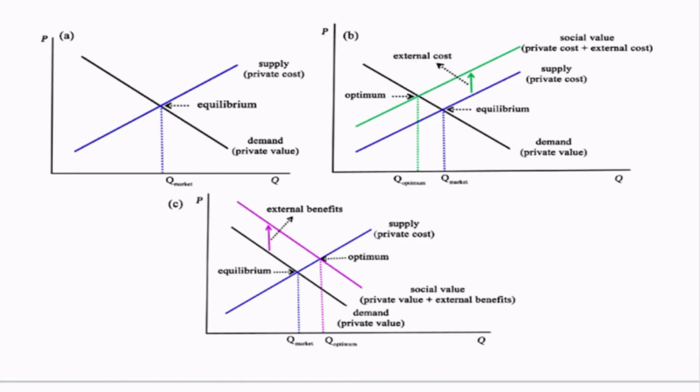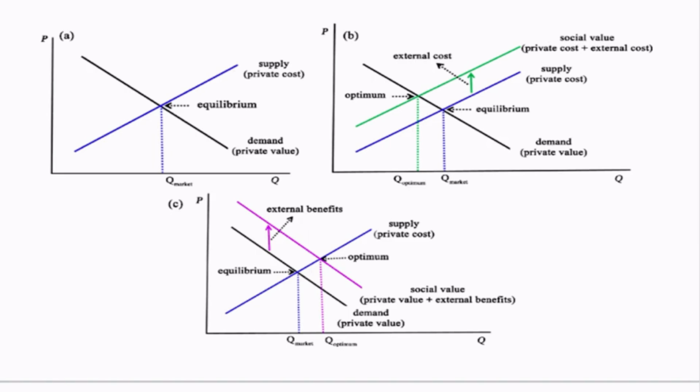If you don't account for positive externality, the society would produce only Q market, that is, it would underproduce. And if you put the external benefit into account, then the optimum has to be more than what the market is going to produce.